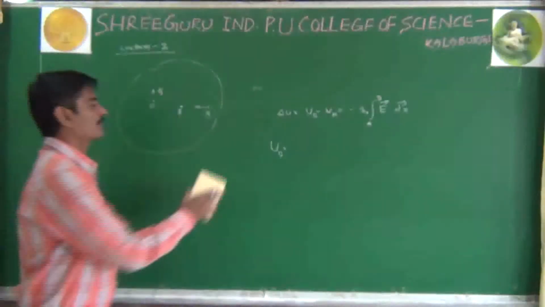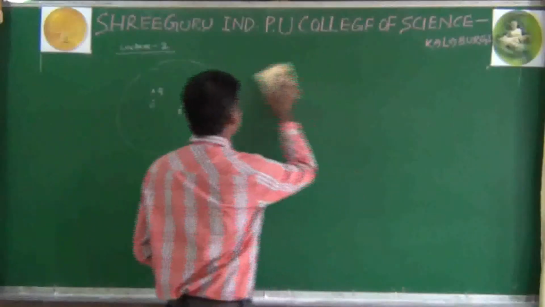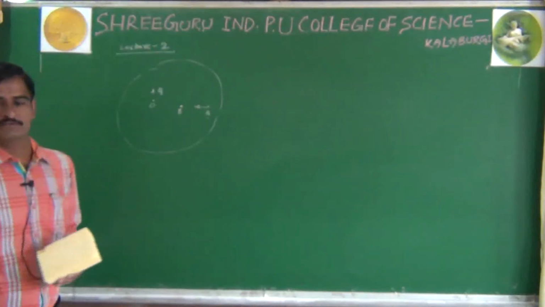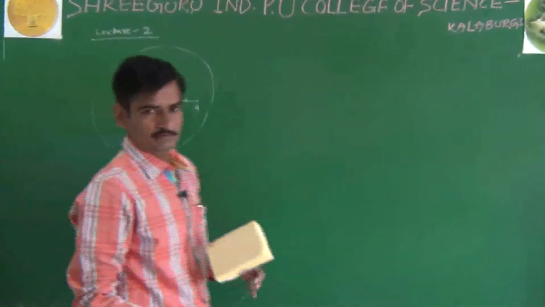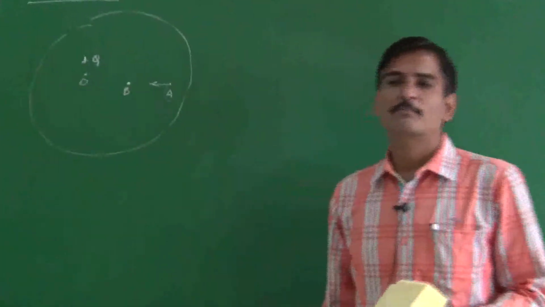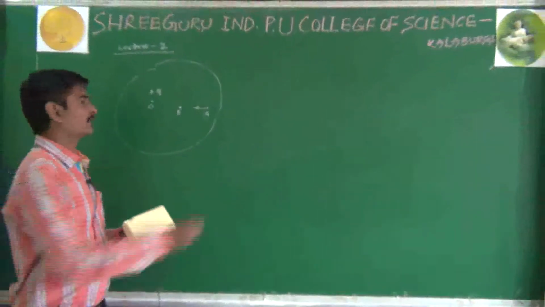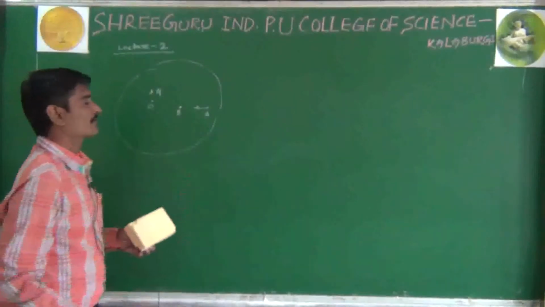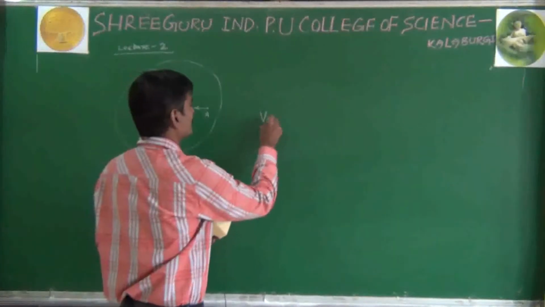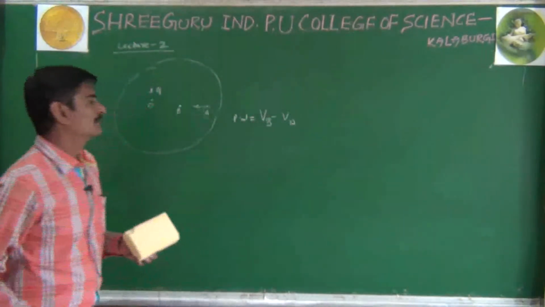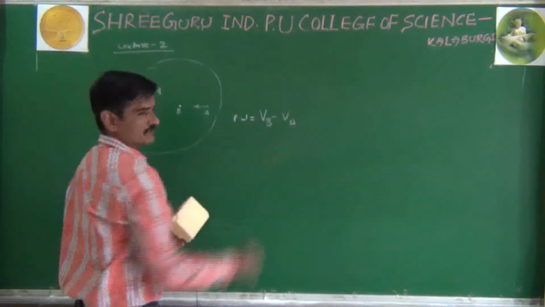Similarly, we studied the electric potential difference, which is VB minus VA. Remember that you have to write final minus initial.